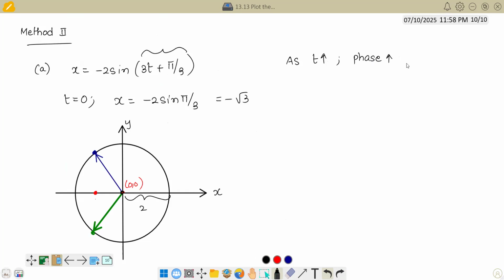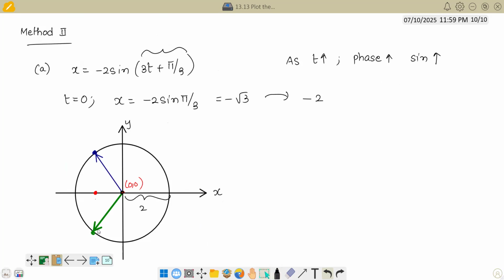If the phase is increasing, we know sine increases with theta, because it still did not reach 90 degrees. Since it still did not reach 90 degrees, the sine value increases. If the sine value increases, the overall value of negative displacement increases. So that means with time, it should become minus root 3, and eventually from minus root 3 it has to become minus 2.